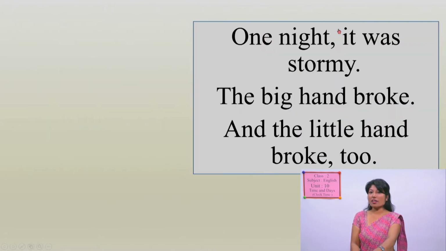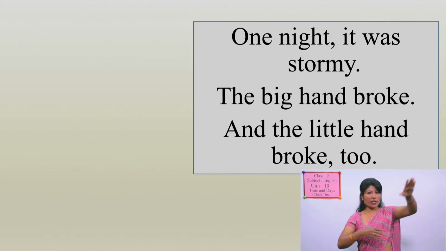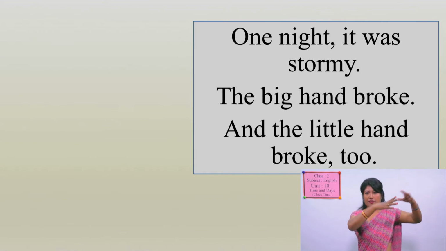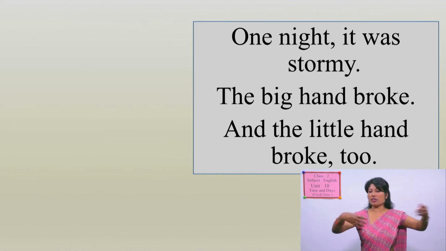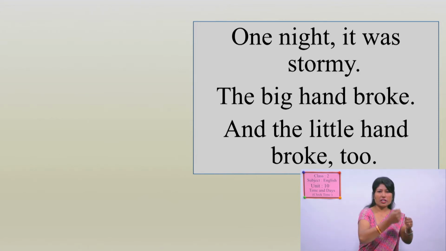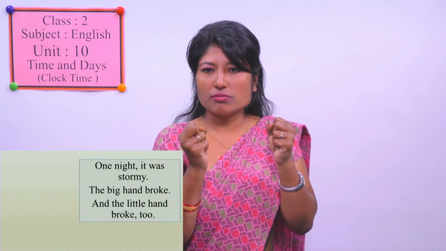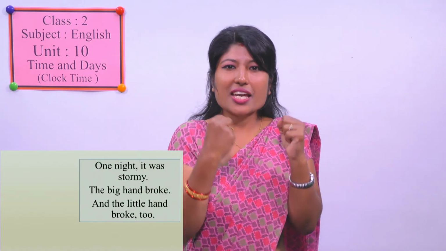And one night it was stormy. There was wind blowing here and there. Everything scattered here and there. So people were running, rushing, and it was very scary. It was a scary time.